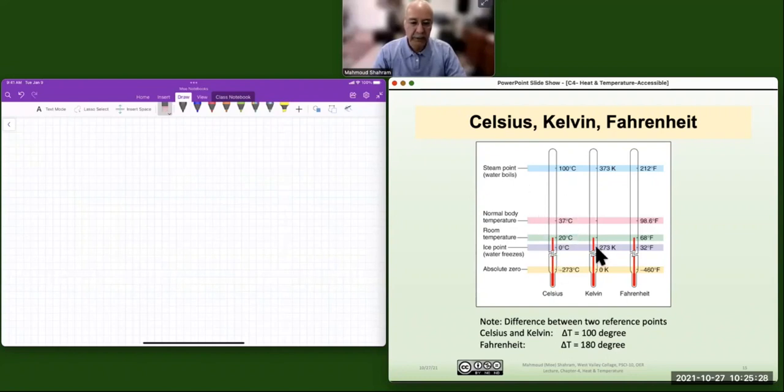So there are 100 between 273 and 373, and 100 between 0 and 100. Then we also extrapolate downward all the way down to 0 Kelvin. We don't say degree, we say 0 Kelvin, and that is absolute zero. That's where, as I said, all the motion of atoms and molecules in a substance ceases to exist. So no more motion, no more kinetic energy, no more temperature.